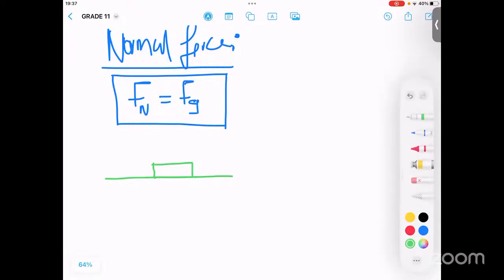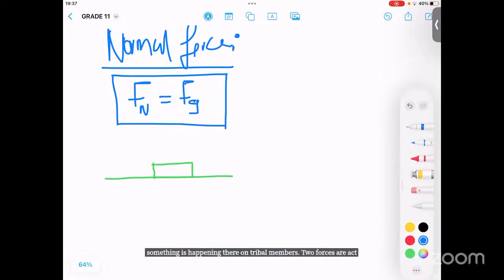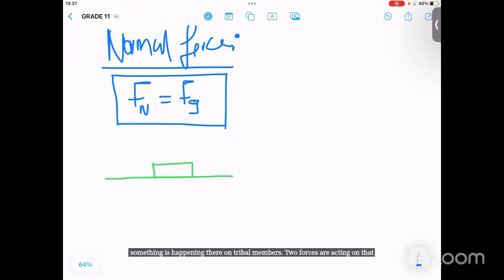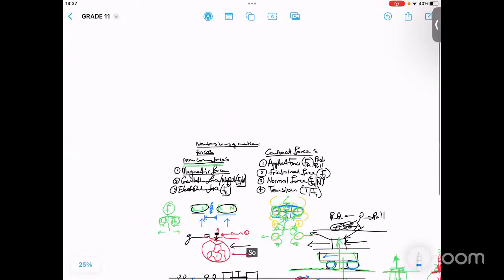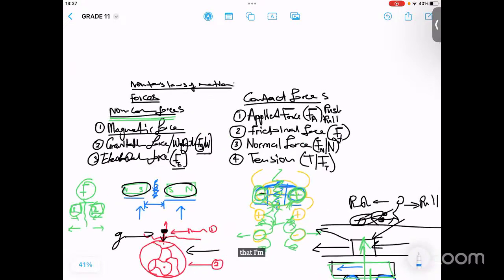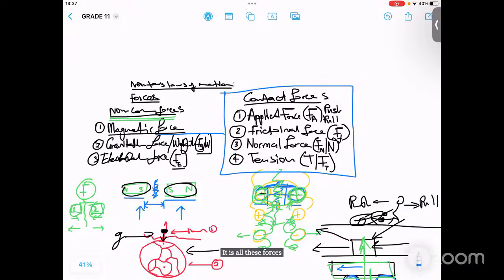Something is happening there, honorable members. Two forces are acting on that object. So the forces that I'm going to be talking about going forward are all these forces, and also that one there, the force of gravity.